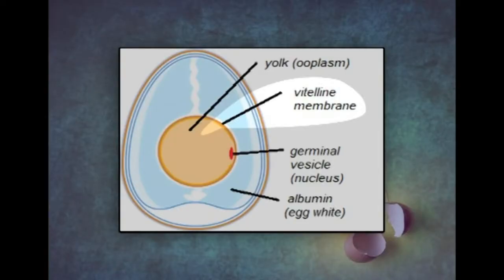Now, it is oval in shape with an average diameter of about 4.5 mm and with no vacuoles in it. Sixth, the vitelline membrane is a semi-permeable elastic membrane which surrounds the yolk, separating the yolk material from the albumin.